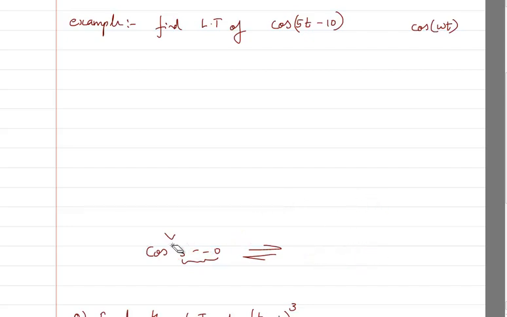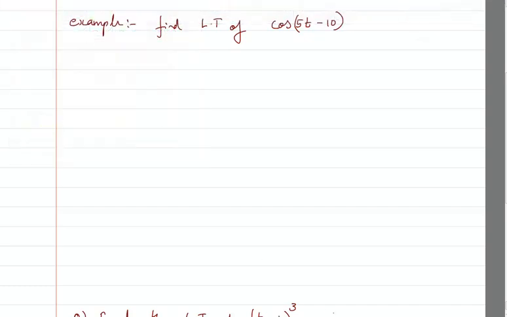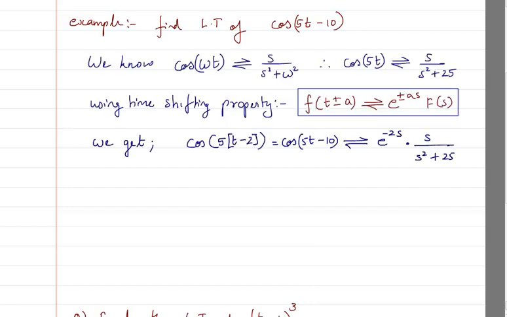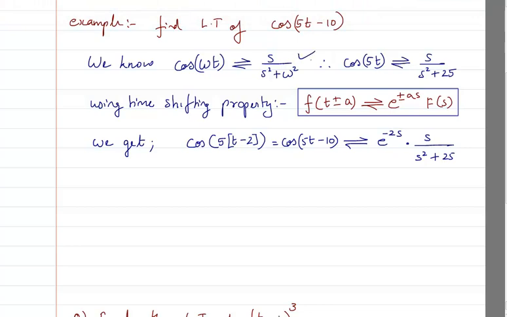So let me write this one also properly, so you are also able to write this one properly. So here I will write it as: we know cos omega t, the Laplace transform is basically s divided by s square plus omega square.